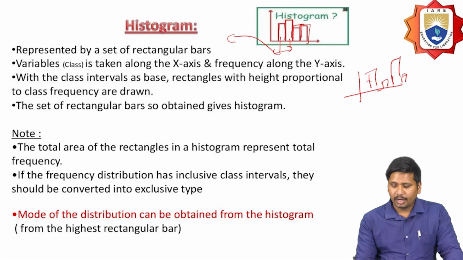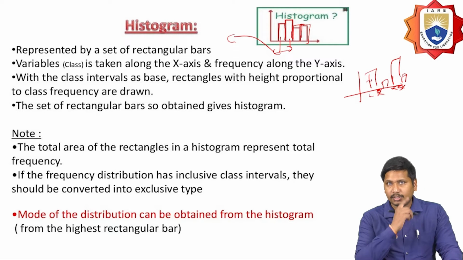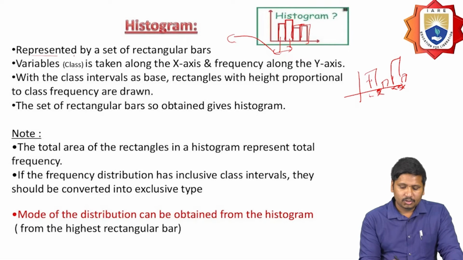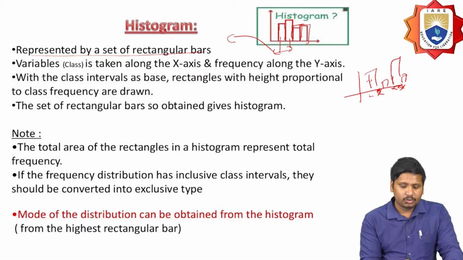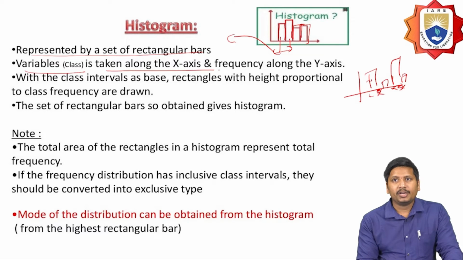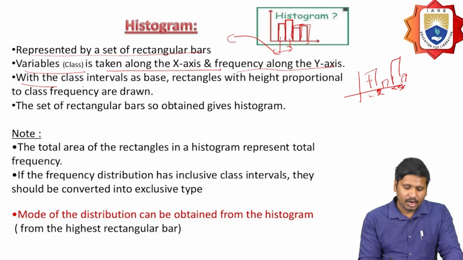If I maintain spaces between the bars, it is a bar diagram. If I do not maintain any space between them, it becomes a histogram. It is represented by a set of rectangular bars, where the variable, the class, is taken along the x-axis and frequency along the y-axis.